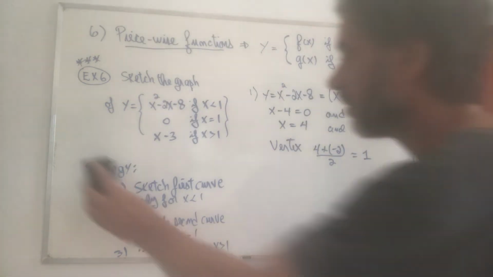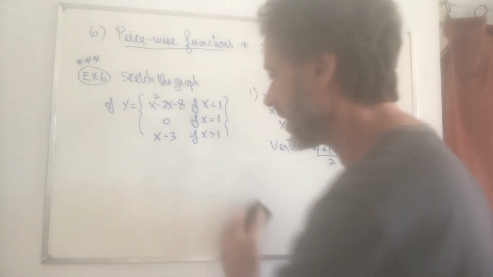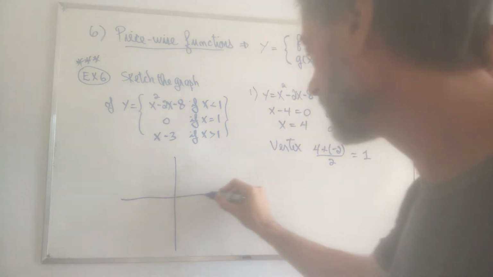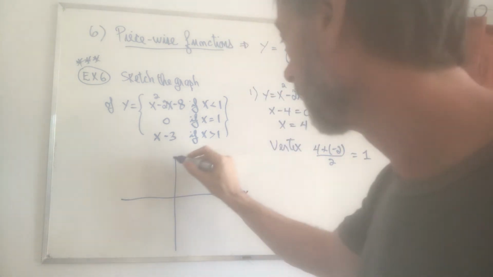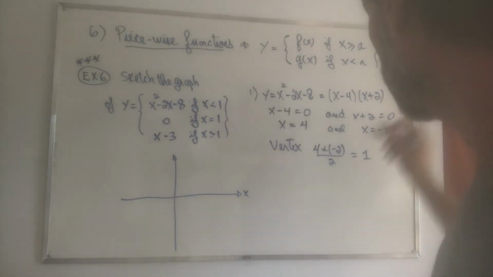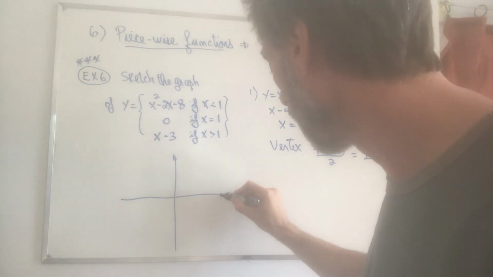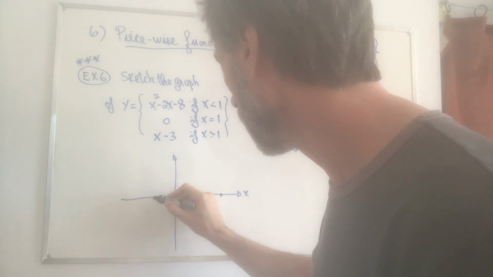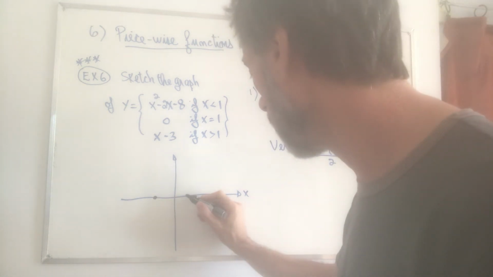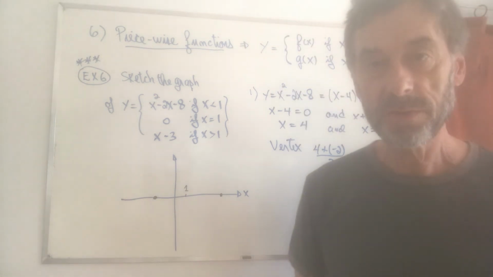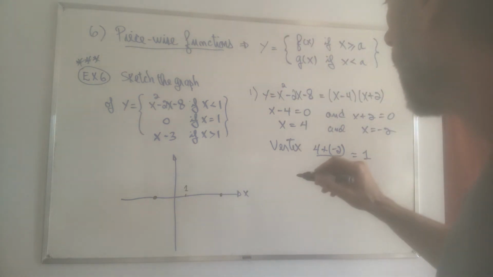All right. Here's my standard Cartesian plane. I'm running out of space, but what I have over here is 4 as an x-intercept, minus 2 as an x-intercept, and 1 as the x-coordinate of the vertex.